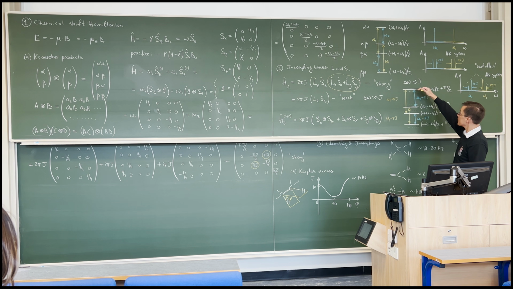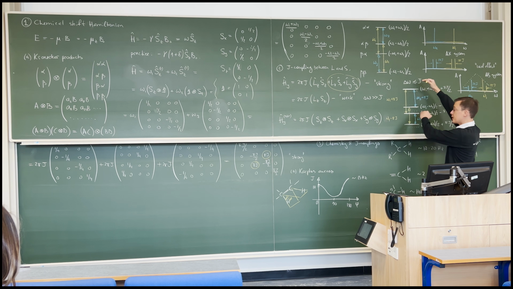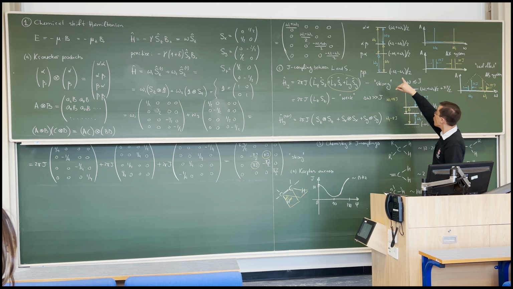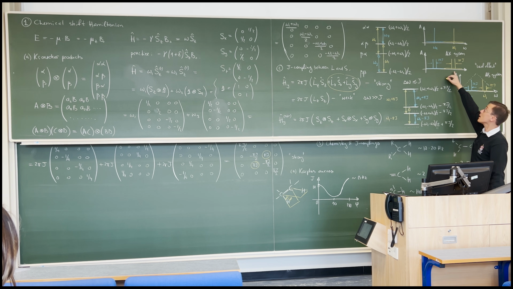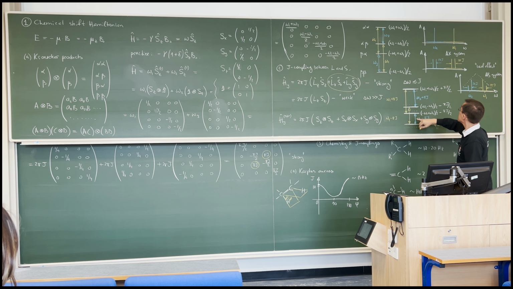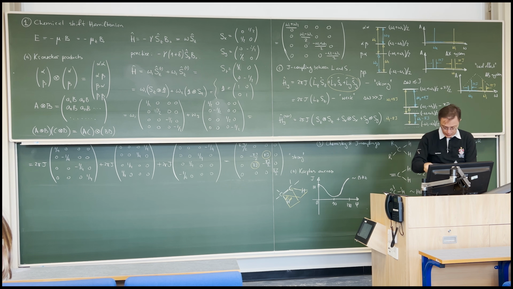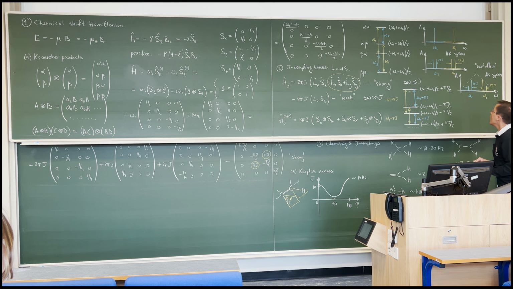Turns out that the outer ones shift up and the inner ones shift down. What it corresponds to is the omega-1 frequency now being two frequencies, one with the plus pi J, the other with the minus pi J, so the line splits. Likewise for the blue transitions, so the center remains where it had been, and they just split. And that's your typical pattern of J-couplings.